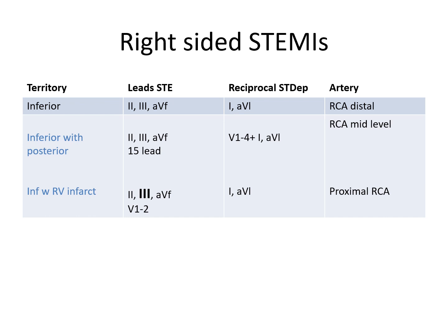And again, remember the leads V1 and V2, they're looking directly at the RV, so those are the ones in which you should see ST elevations on top of the inferior injury pattern.